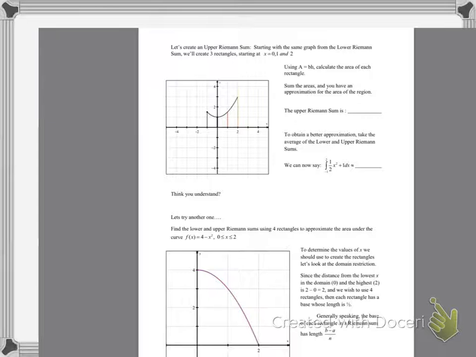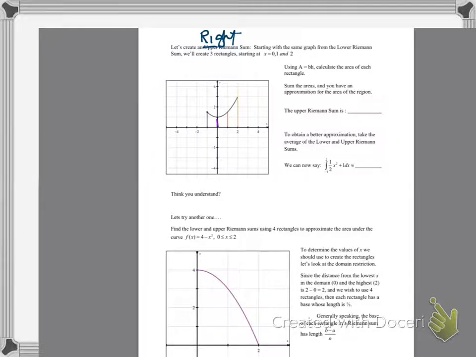Again, we're not going to call it upper and lower, we're going to call it right and left. So I'm going to do a right Riemann sum on this page. To do the right Riemann sum, and let me change color again, you come up not from the endpoint, the lowest endpoint, but from 1 over.